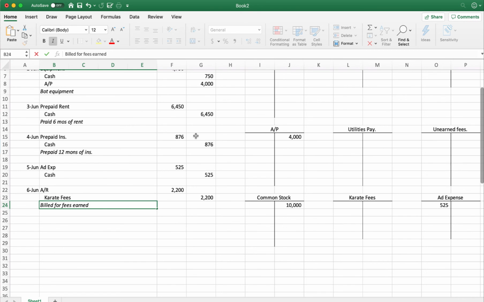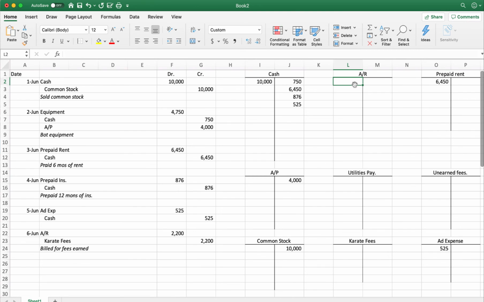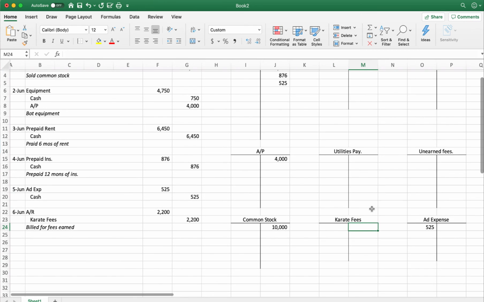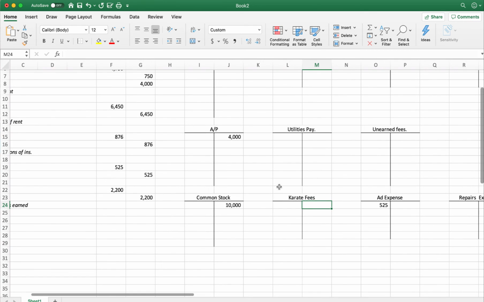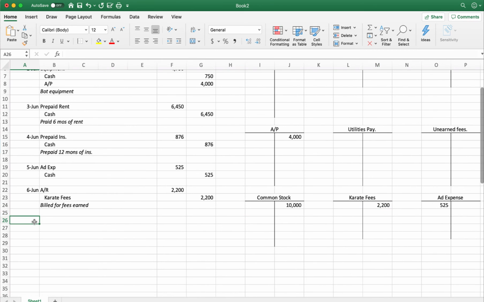So I need to post this. So I'm going to find my accounts receivable, and I'm going to post that $2,200, okay? Now I'm going to go to my karate fees ledger, which is right here, and I'm going to post that $2,200 credit. Remember, always skip a space between your journal entries. So now I'm ready to see what happened on the 7th.